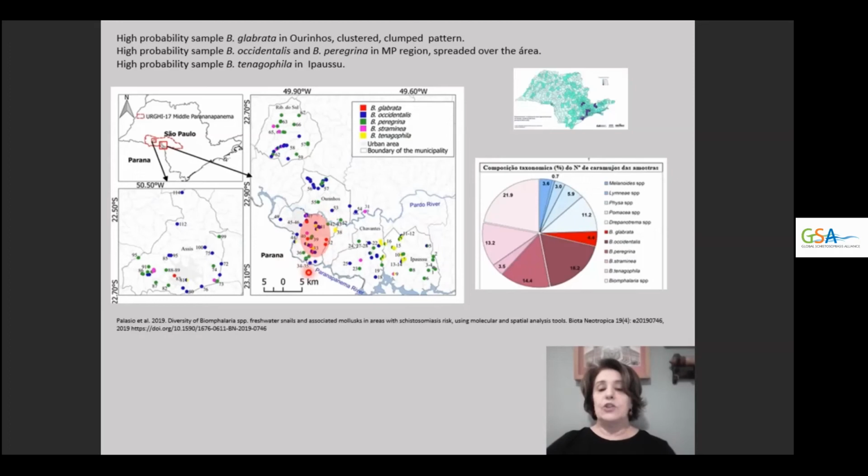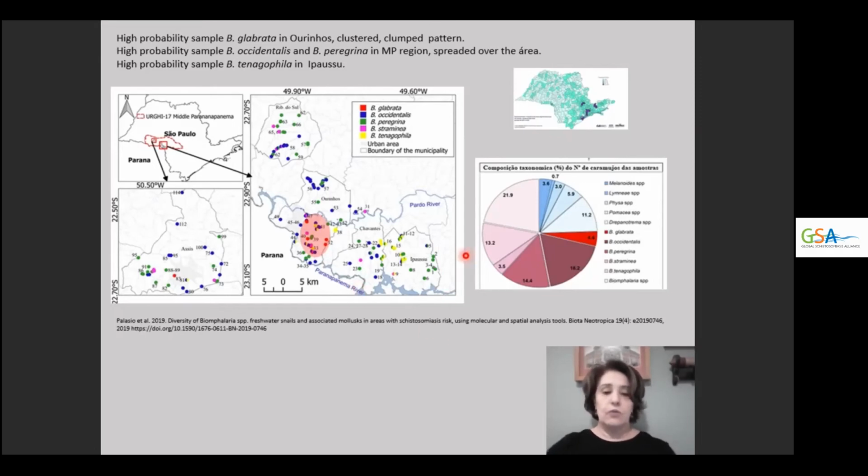It's a distribution that is different from the past, because in the past you could find Biomphalaria glabrata spread over the area. Today we didn't see this. And it's very different from Biomphalaria occidentalis and Biomphalaria peregrina species that spread over the area.